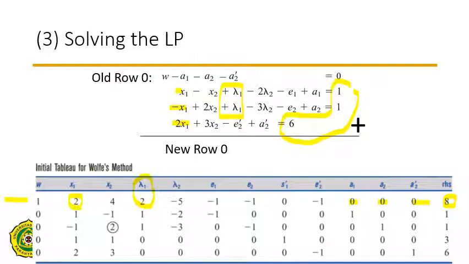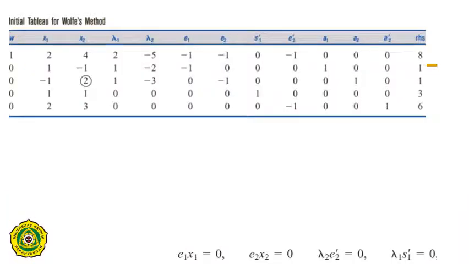This is our initial table, and remember that whenever we pick the entering variable, we need to keep in mind these complementary slackness constraints. Because phase 1 of the two-phase method is always minimization.